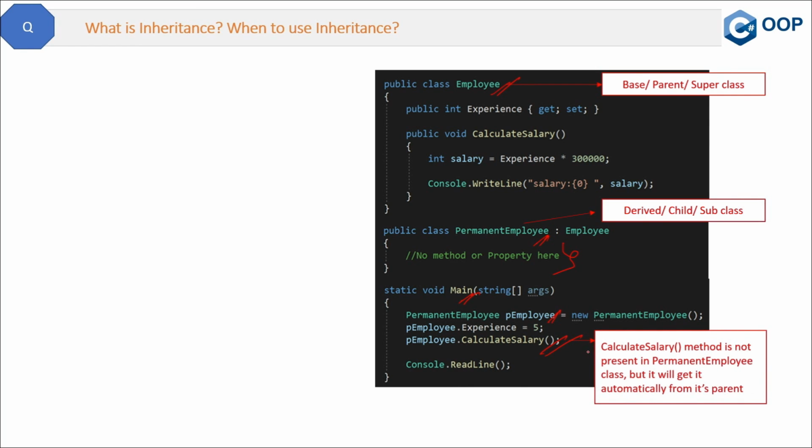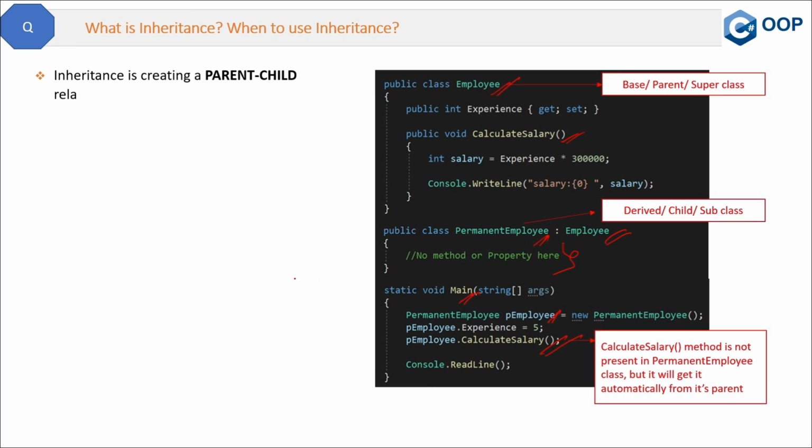How is it possible? That is possible because of inheritance. Because CalculateSalary is there in the Employee class and the Employee class is the parent class of PermanentEmployee, right? So that is inheritance. Even though PermanentEmployee does not have any method, it will get the method from its parent Employee class and use it.